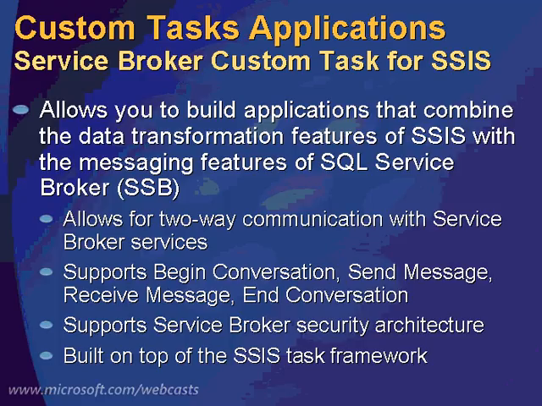It implements all the classical patterns that you have with Service Broker: begin conversation, send message, receive messages, end conversation. It's completely based on the Service Broker security architecture, so it's based on certificates and asymmetric key infrastructure, and the custom task is built on top of the SSIS task framework.